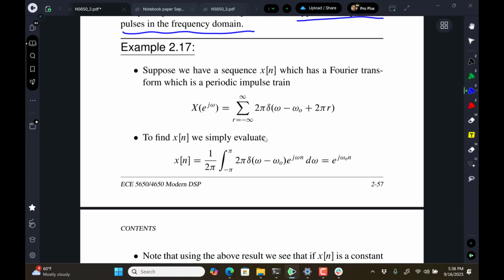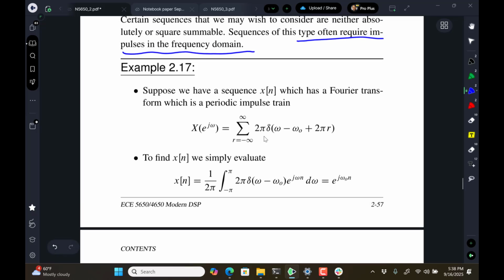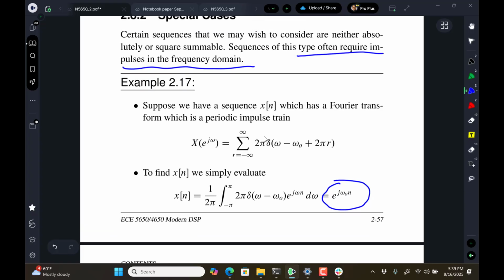So this makes the spectrum of, say, a complex sinusoid, which is what this is, look very complicated, because to have e to the j omega naught n have a Fourier transform that is a delta function, it actually has to have an infinite number of deltas.